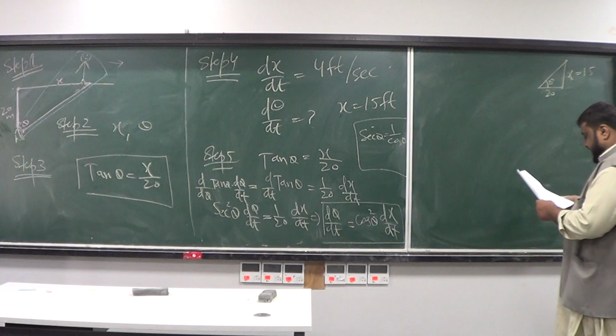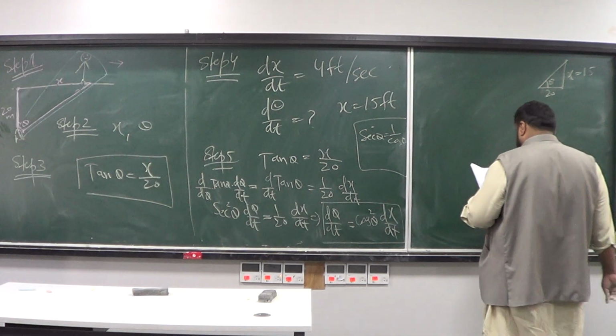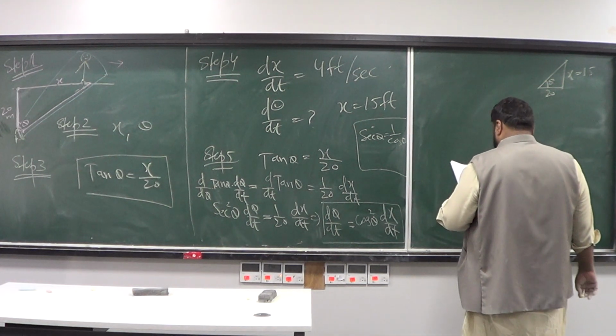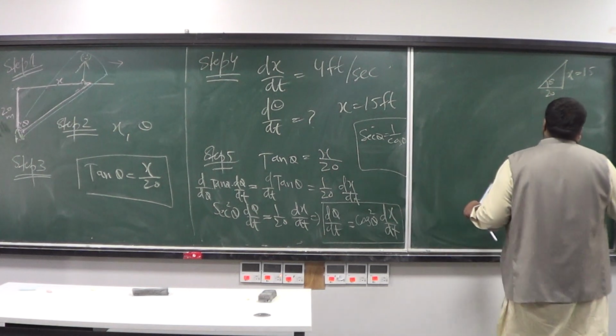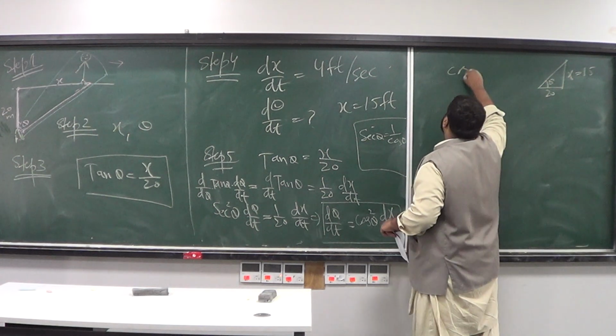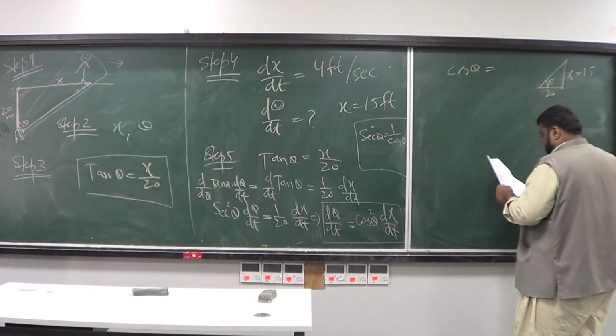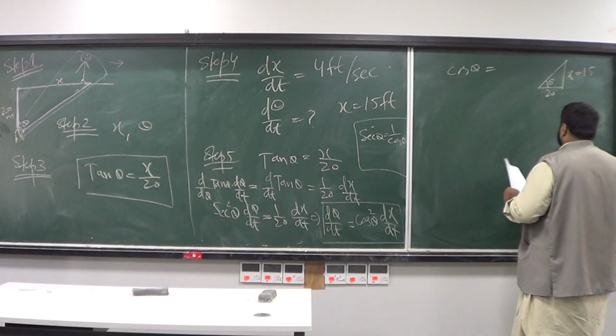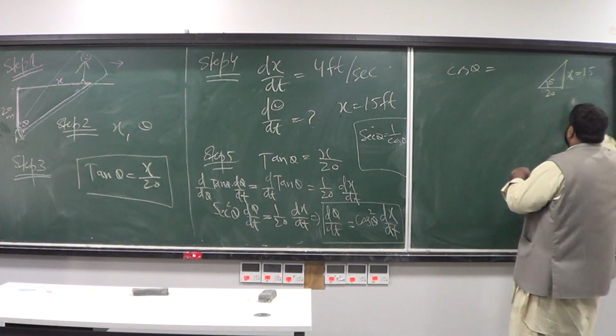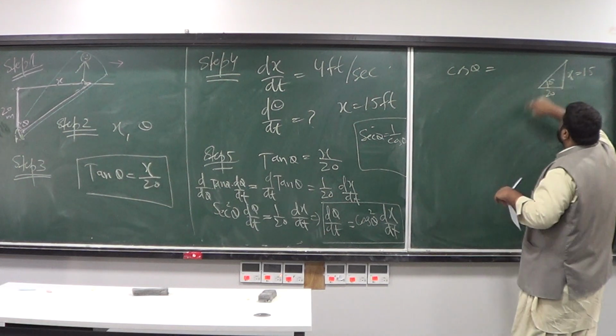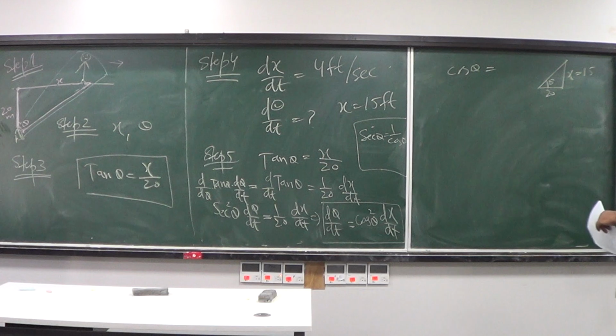So just take, for example, tangent θ, or maybe I can take cosine θ. So in this triangle, cosine θ is going to be based upon hypotenuse. By the way, using these two, I can determine the hypotenuse.